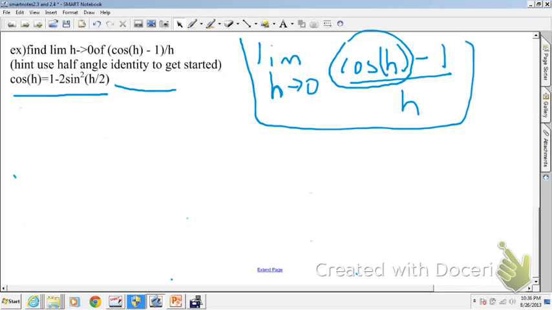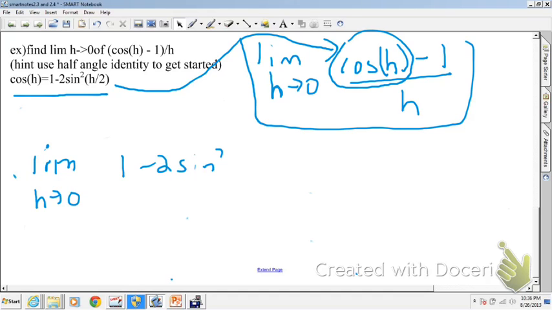We can just take that expression, it's like plug and chug, replace the cos of h with that. Okay, so then we'll have the limit as h approaches 0 of 1 minus 2 sine squared h over 2, minus 1, all over h.